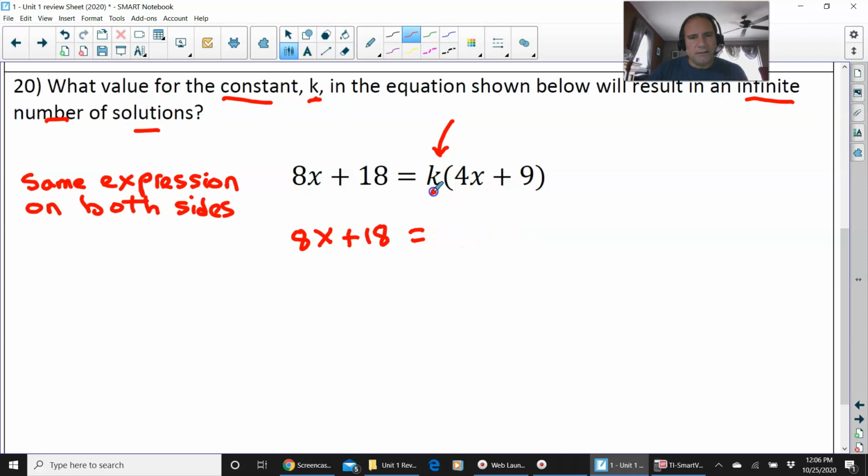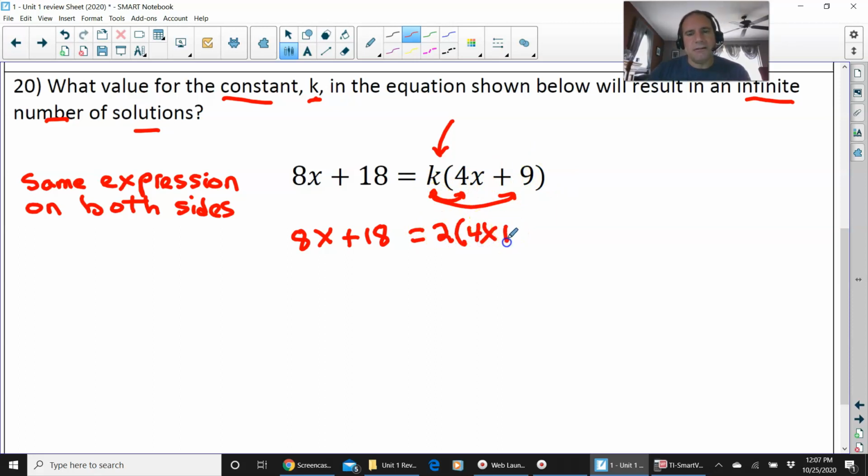This would have to be 8x plus 18. So what value of k can you put in here that you would distribute would make that 8x plus 18? If you put 3 in here, 3 times 4 is not 8. 3 times 4 is 12. 12x. That would not be infinitely many solutions. So what value of k would you need in here to make this an 8x, to make this an 18? If you said 2, you are correct.